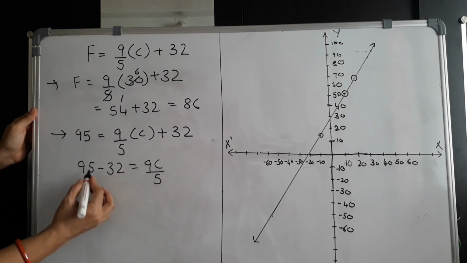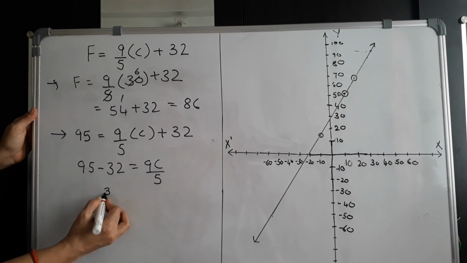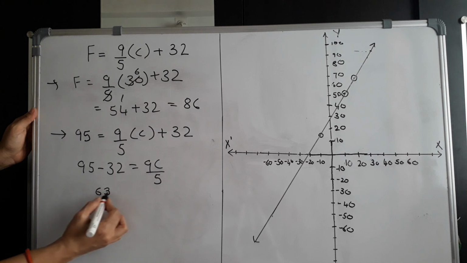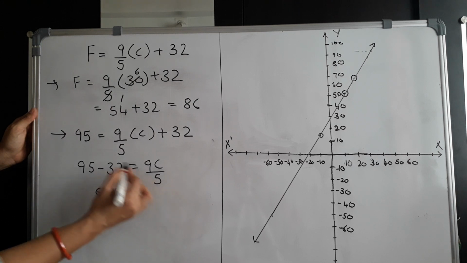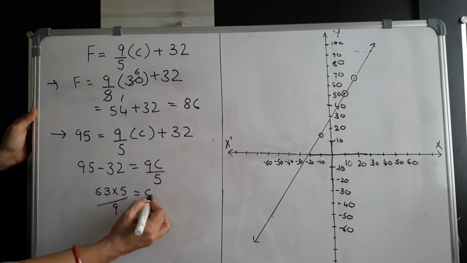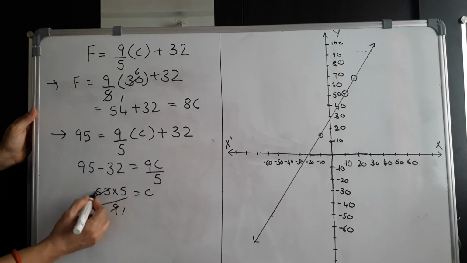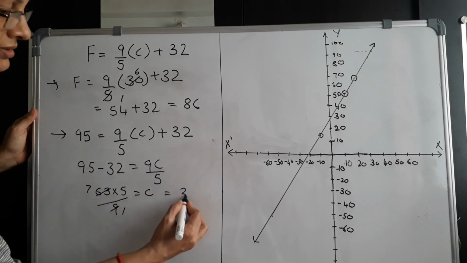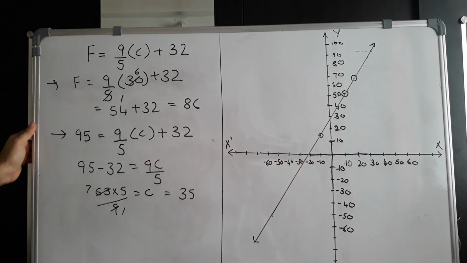And now this difference gives you 63. This 5 you bring here, and this 9 you bring here, and it comes down, is equal to C. 9 sevens are 63, 7 fives are 35. So you get it as 35, which we got by our graph.